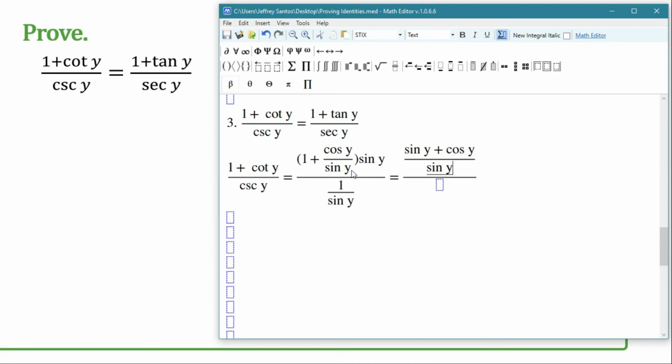When we make it a single fraction, this will be the resulting expression. And then we have down there, 1 over the sine of y.